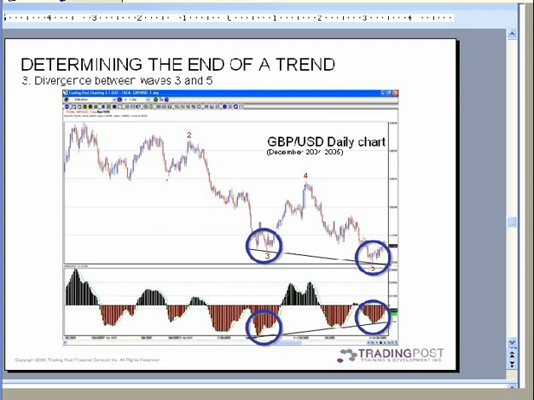You'll actually see a wave 3 and then a wave 5 of 3 and then a wave 5 potentially, with the awesome oscillator just making, in the case of a downtrend, higher lows each time. So just make a note of that.